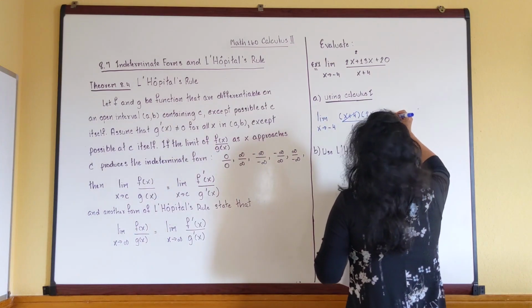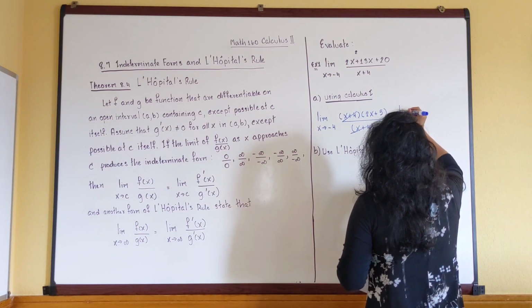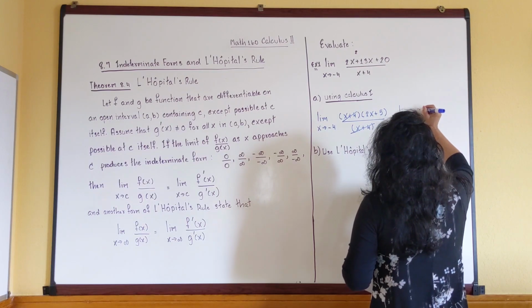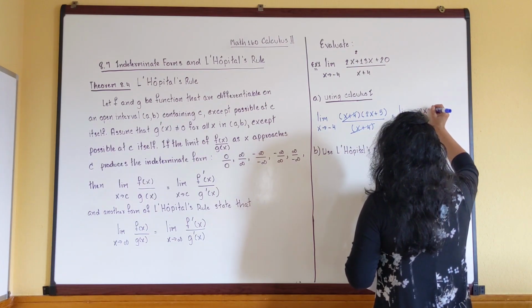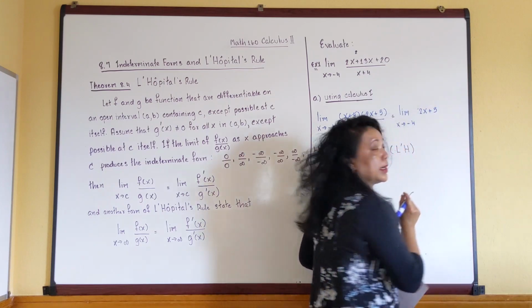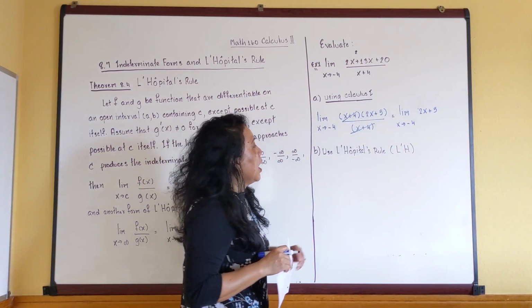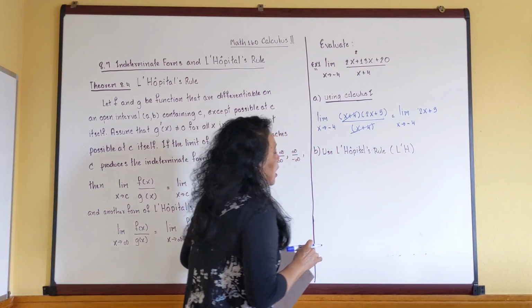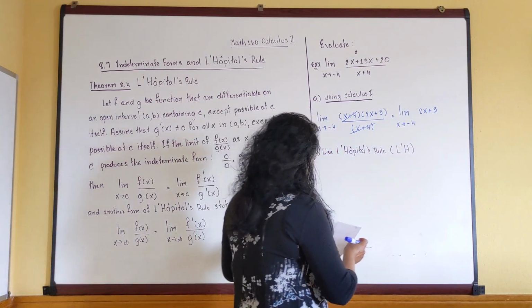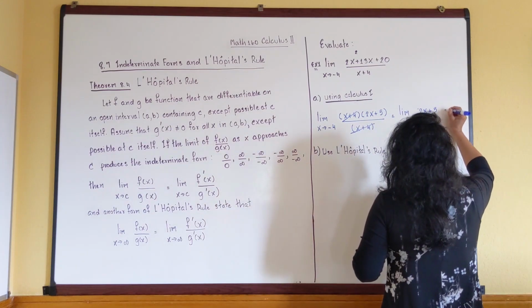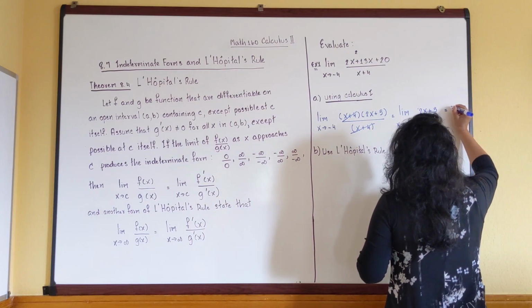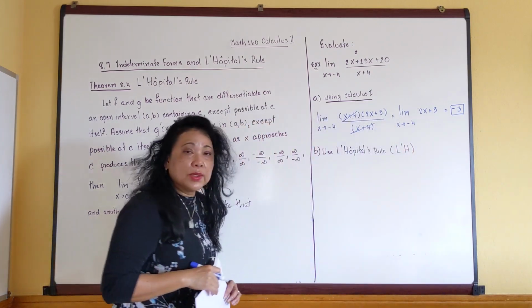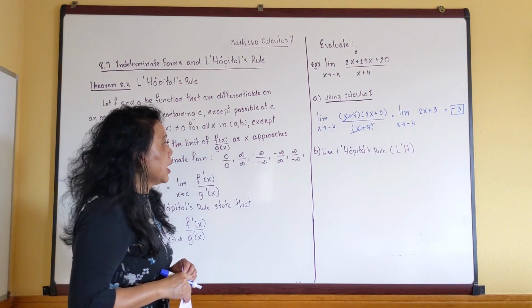Now I have limit as x approaches -4 of 2x plus 5. Now I can do direct substitution. I can substitute -4 for x, which is -8 plus 5, which is -3. Alright, this is what we would do in Cal 1, chapter 1.